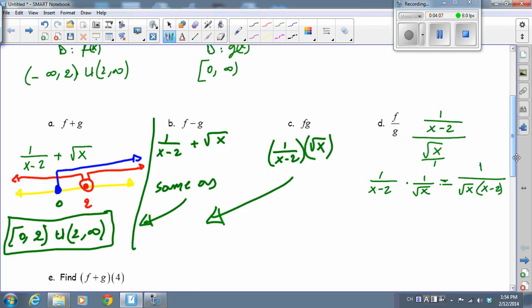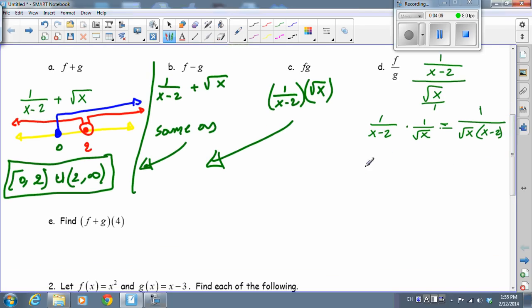Now the domain will be different. It will still have the same restrictions as for f and for g, but on top of that, we will not include 0. So if I want to represent this graph here, it will be the same thing as what I did earlier. Start with a number line. The domain of f now is still from 2. I will represent 2 with an open circle.